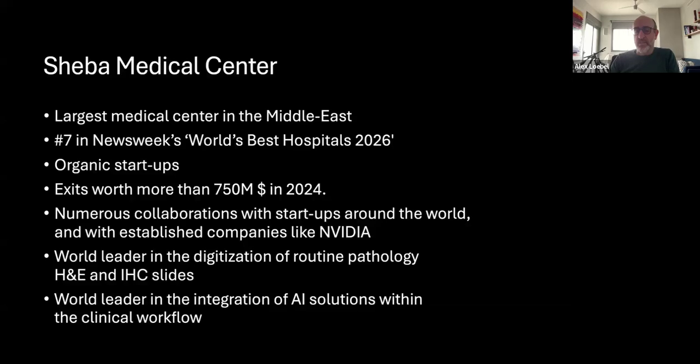And it is a world leader in the integration of AI solutions within the clinical workflow within the pathology institute at Sheba. This is something that I'm going to touch on again at the end, to connect the algorithmic aspects with the clinical aspects and where they meet, and how they can meet inside the clinical workflow.